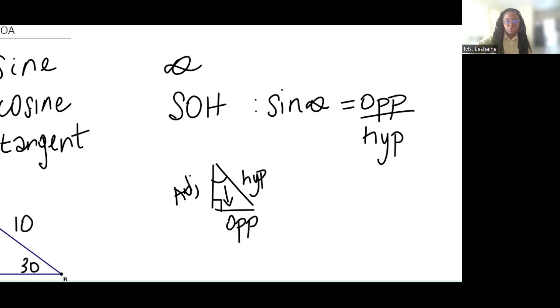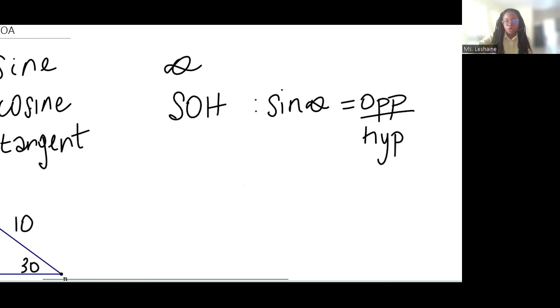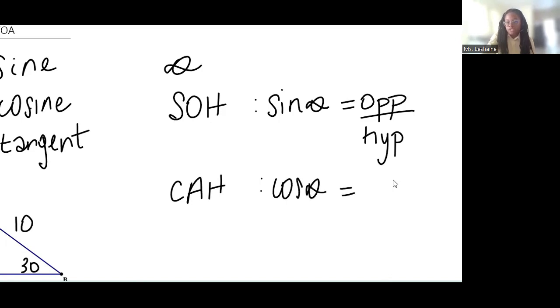So let's continue with what these abbreviations mean. Now, SOH, we would have covered that one already, says that sine of an angle is equal to the opposite side over the hypotenuse. CAH tells me that the cosine of an angle is equal to the adjacent side over the hypotenuse.